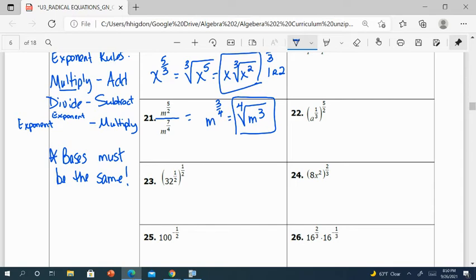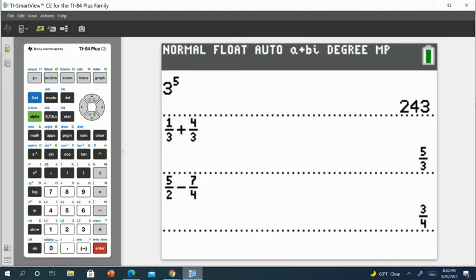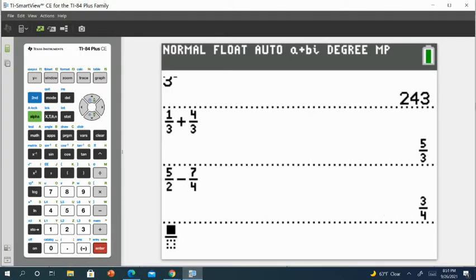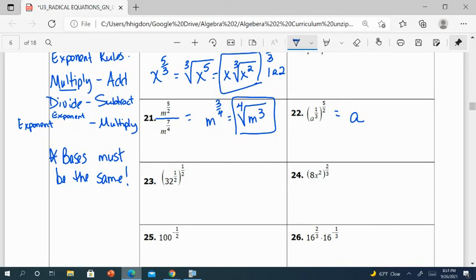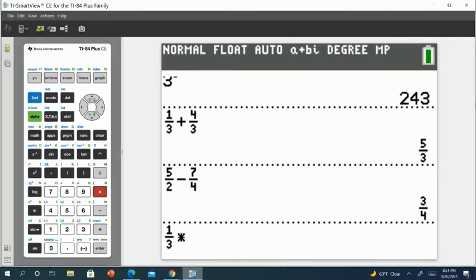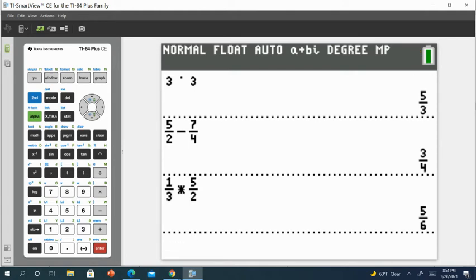My 1/3 is an exponent, and it's being raised to another exponent. So my exponents are going to multiply together. The base is an a, so we're going to keep our base, but we're going to multiply 1/3 times 5 halves. So I'm going to go back to my calculator. 1/3 times 5 halves, and I get 5/6.